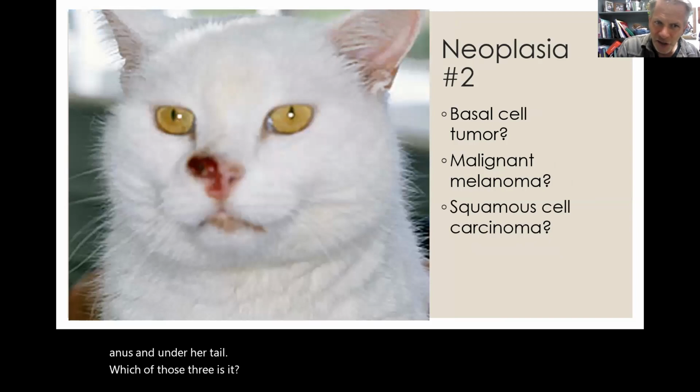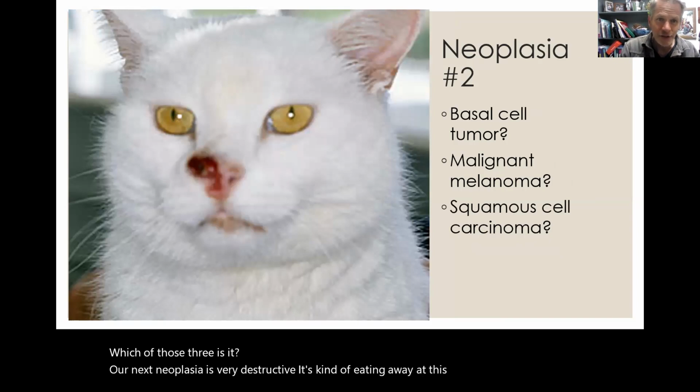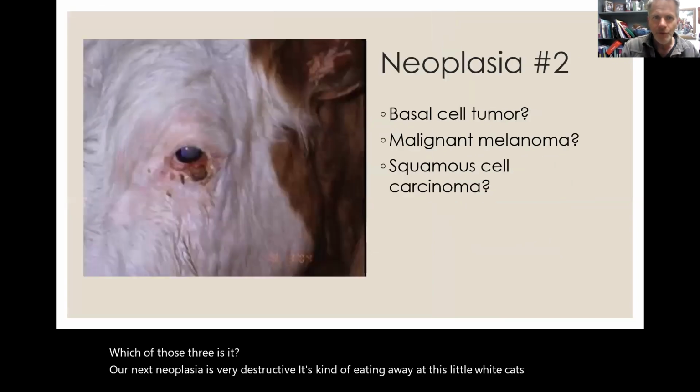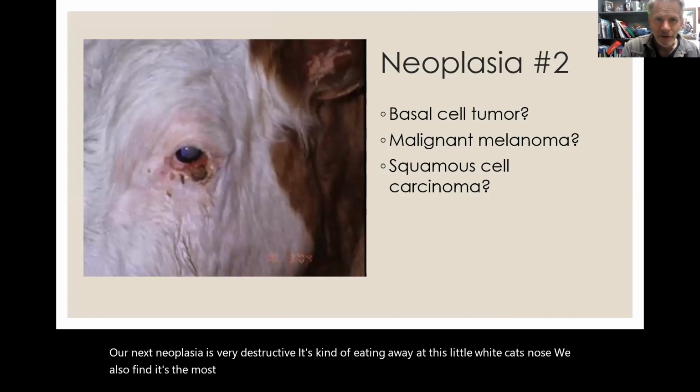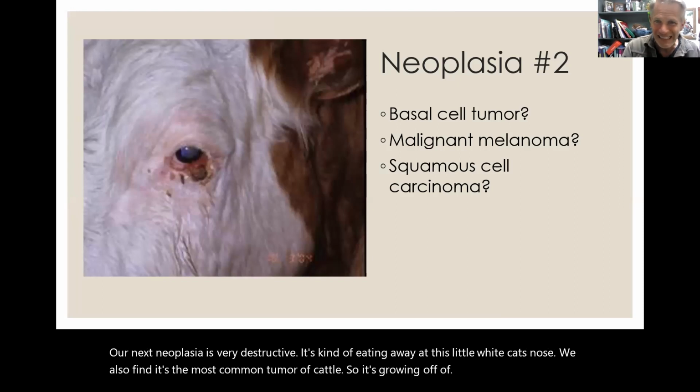Our next neoplasia is very destructive. It's kind of eaten away at this little white cat's nose. We also find it's the most common tumor of cattle. So it's growing off of the 3rd eyelid here.